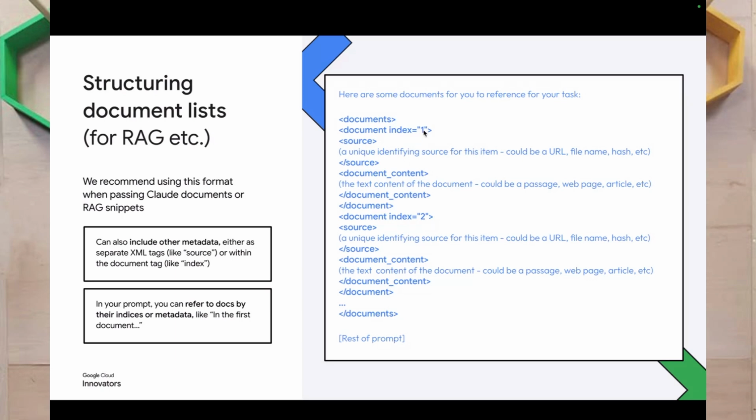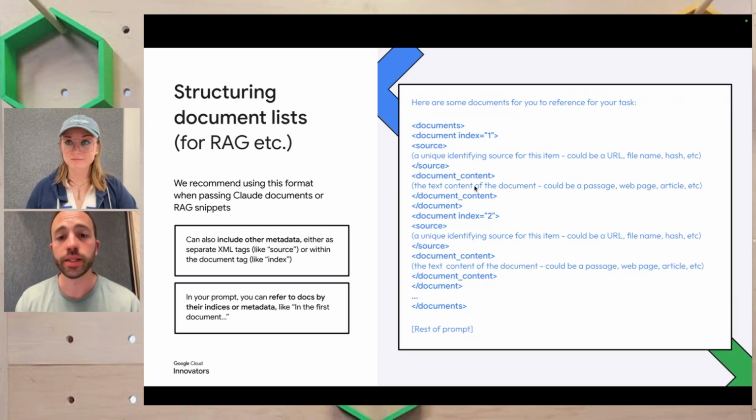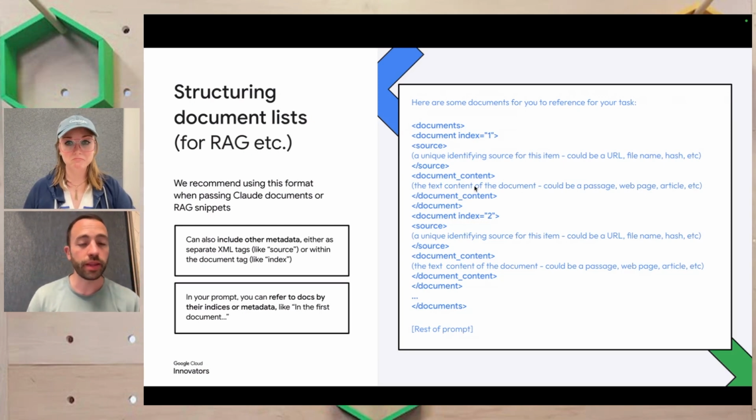This also allows you to add a unique identifier for each part of the document. You can put in your own metadata as well, and this can lead to much more effective results from retrieval from systems that Claude is not aware of out of the box. So just a small note if you're working with RAG with Claude: this is a reference for you to think about ingesting and the right way to structure your data.